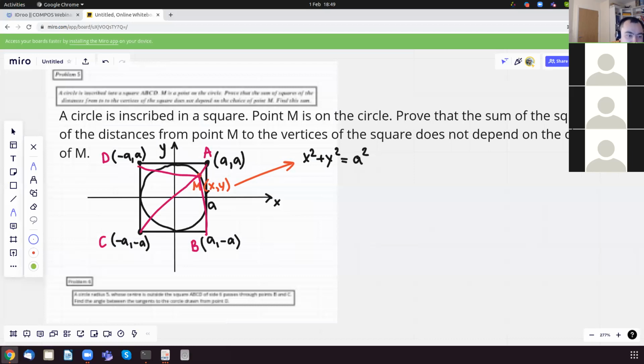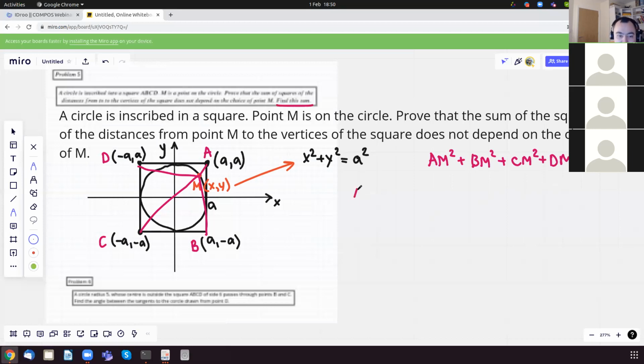The sum of the squares of these distances does not depend on the choice of point M. So what we need to find is AM squared plus BM squared plus CM squared plus DM squared. We also need to find this sum.